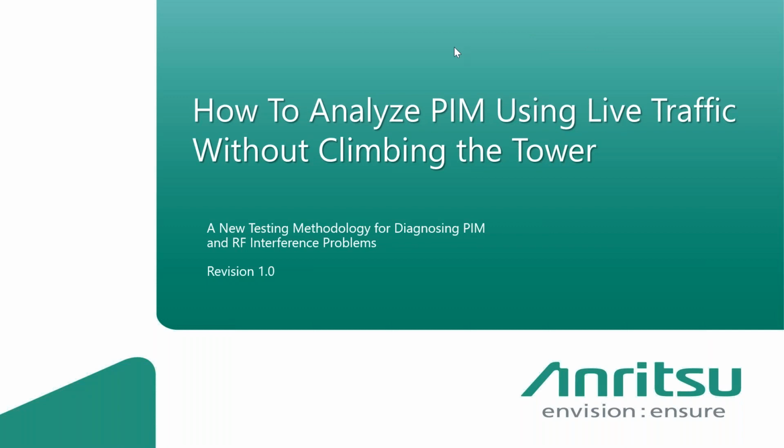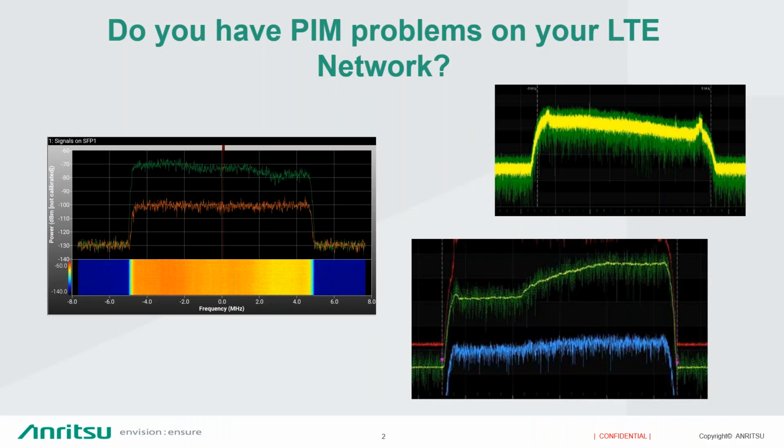So thank you for checking up on that. Today we're going to talk about how to analyze PIM using live traffic without climbing the tower, which is a pretty big promise. So let me get into it here. I have a very big question for everybody who's on the call, and I think you're here because of PIM. But the question obviously is, do you have PIM problems on your LTE network?